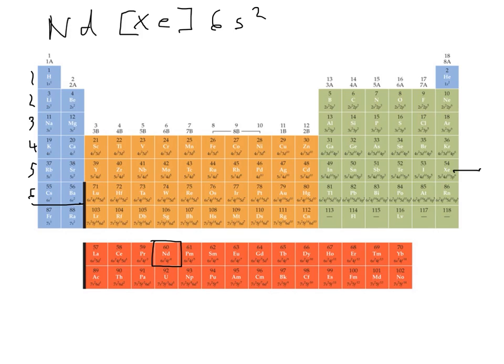Then we go from 56 to 57. This is the 4f down here. So 4f, and we're 1, 2, 3, 4 elements into it.